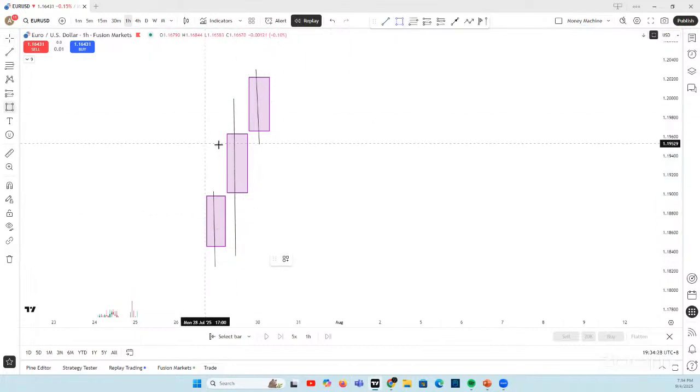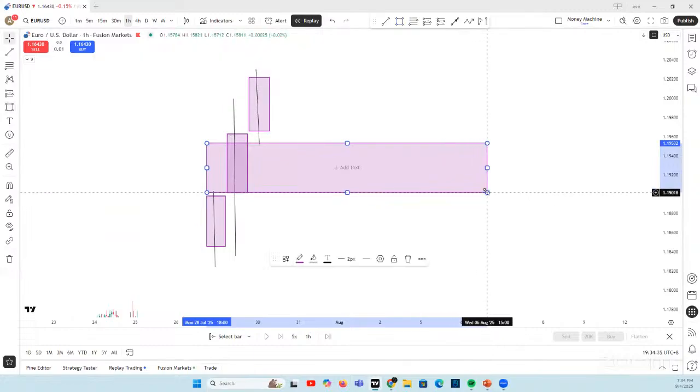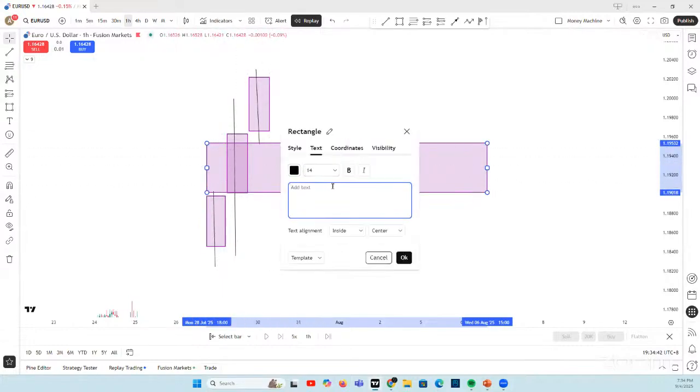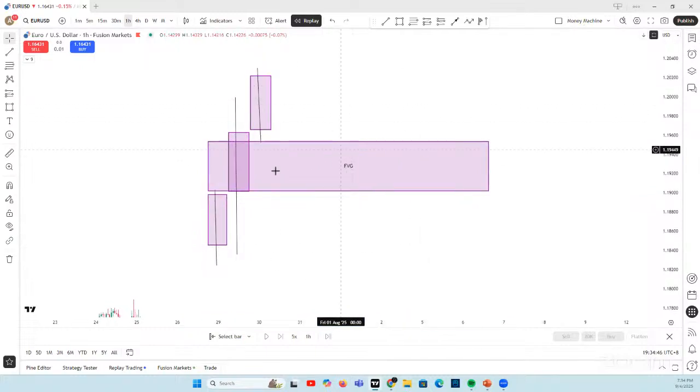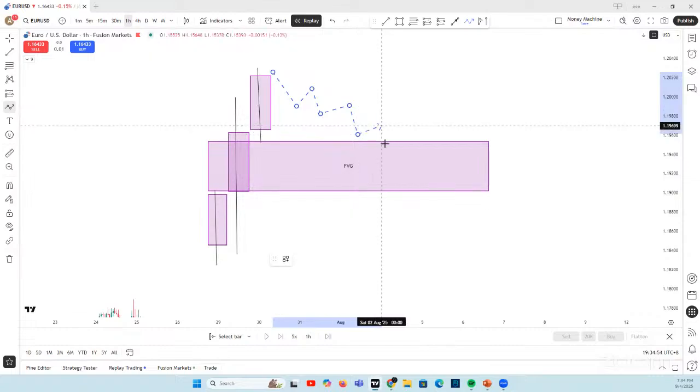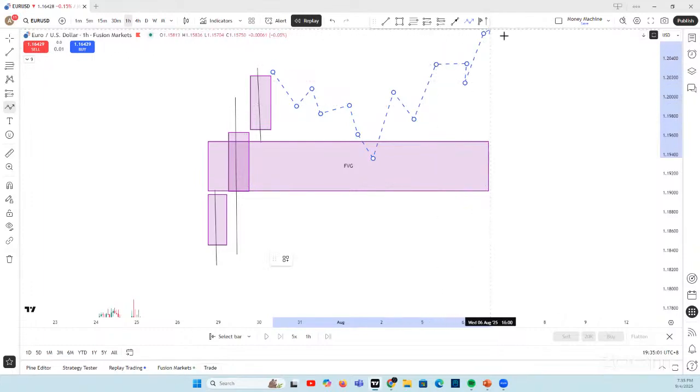This is the gap here from the first to the third. Make a box. That's the imbalance. This gap, because the wicks of the third and the first are not touching. That's the FVG. Remember that, my friends? That's the imbalance. So price tends to come back, tap this somewhere there, anywhere there, and then go to the upside again. That's it.